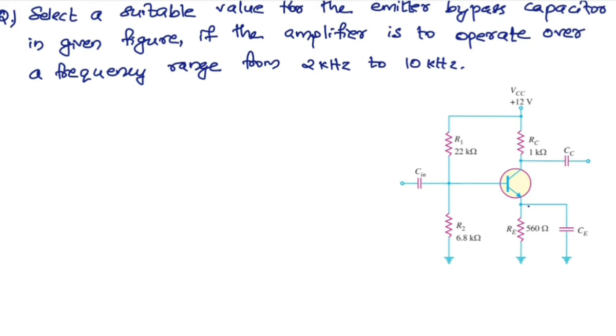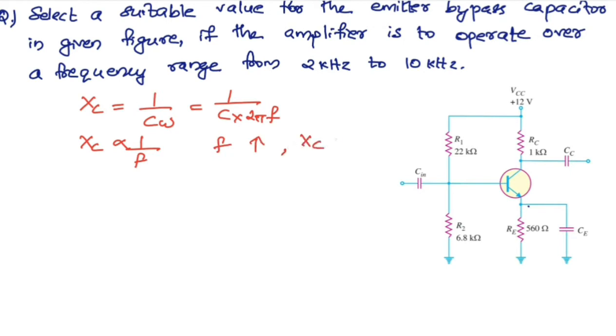Why are we taking the lowest value? Because we know that XC is equal to 1 by C omega, that is equal to 1 by C into 2 pi f. That means XC is proportional to 1 by f. So when frequency increases, XC decreases. What do we mean by that? In the high frequency range, the reactance of the capacitor is very small so that it acts as a short. But in the case of low frequencies, XC will increase.